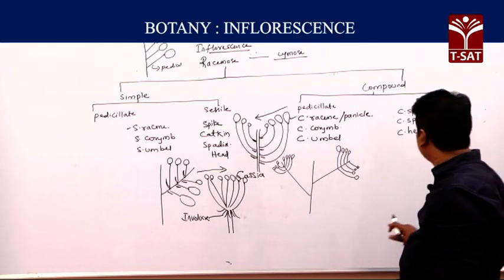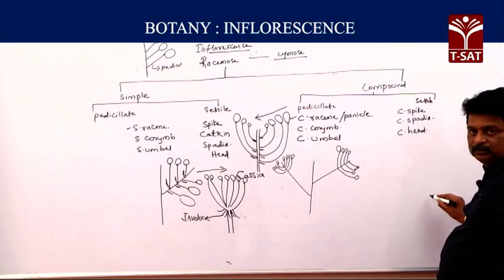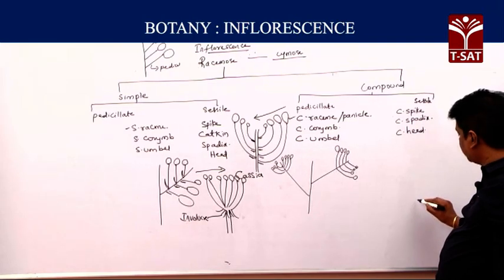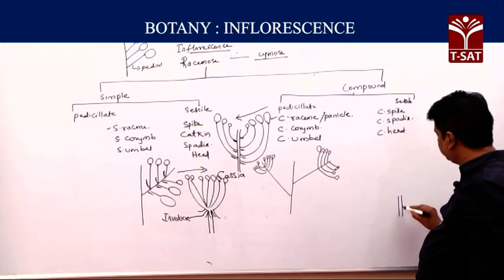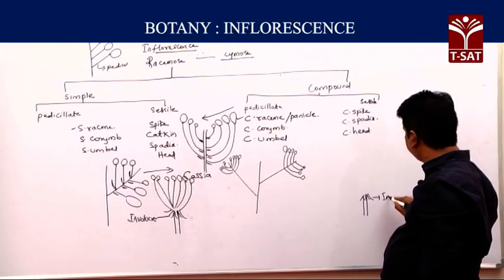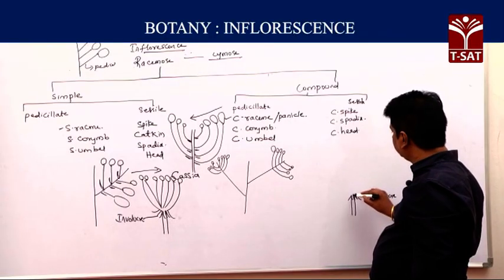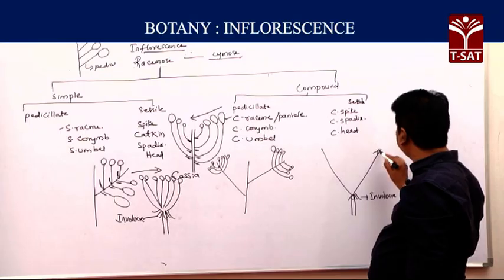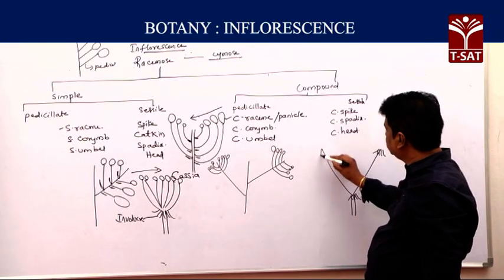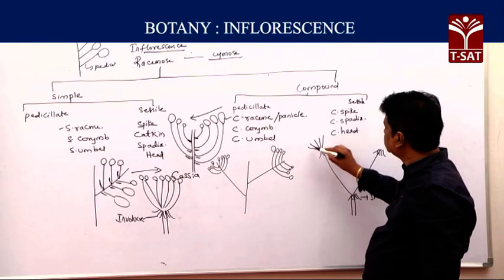The next one, compound umbel. Compound umbel means the peduncle is branched. In compound umbel, first the tip of the peduncle contains a row of bracts called involucre. From the axils of the involucre several branches are formed, and each branch ends with one umbel inflorescence.